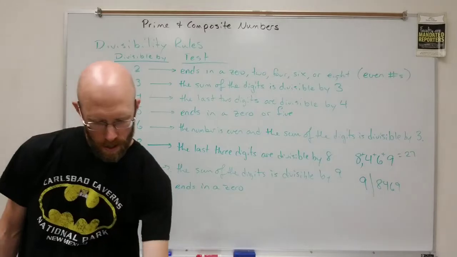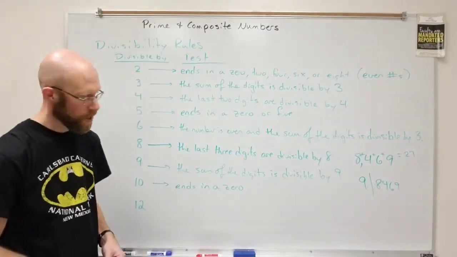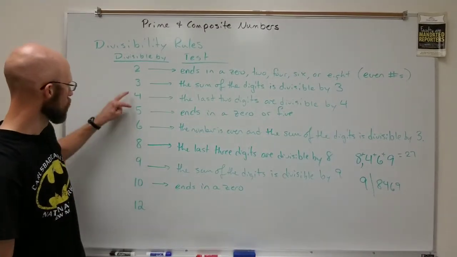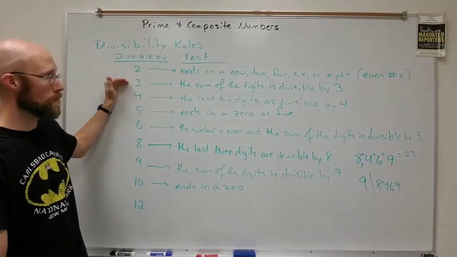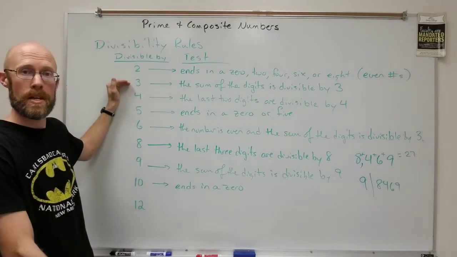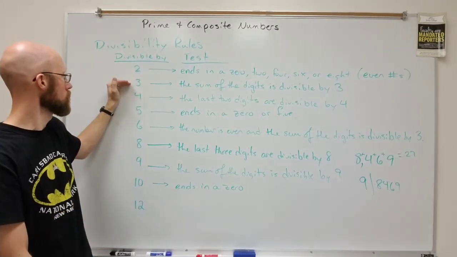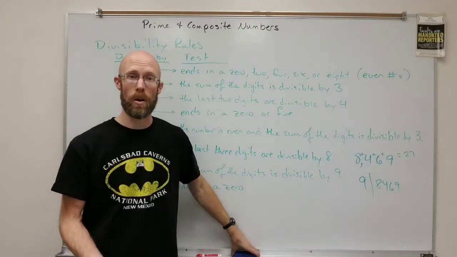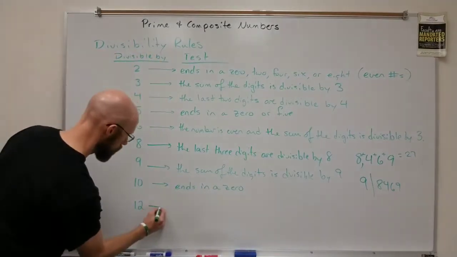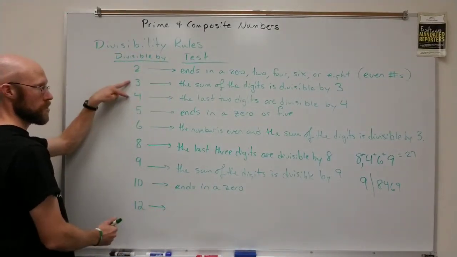And then 12. 12 is a combination of both 4 and 3, and so the sum of its digits must be divisible by 3, and also the last two digits must be divisible by 4. So it has to have both of those conditions.